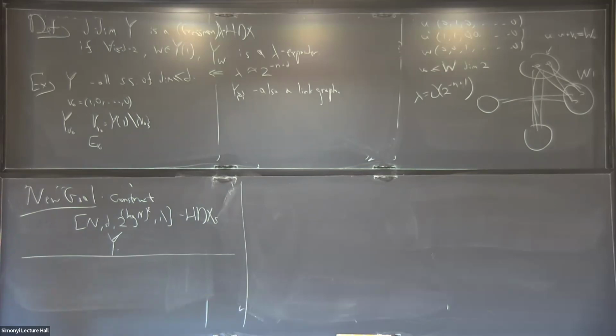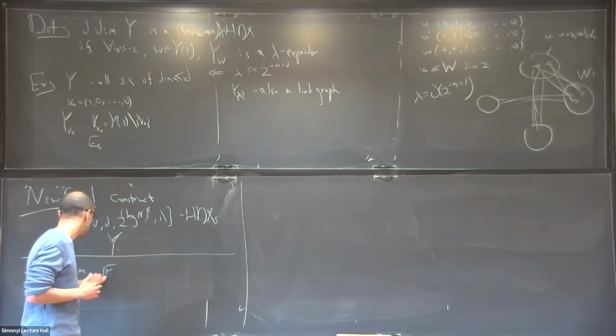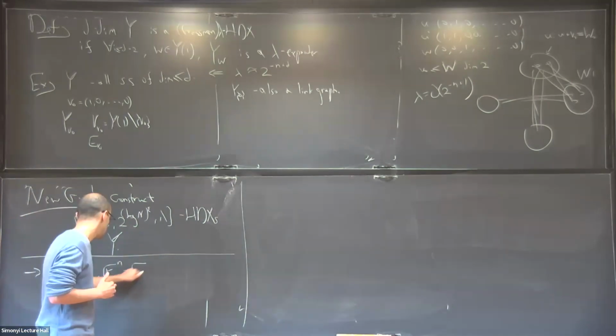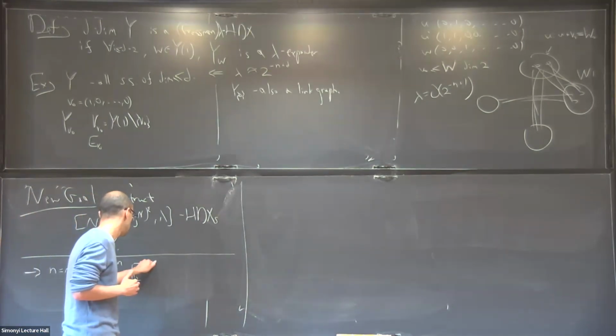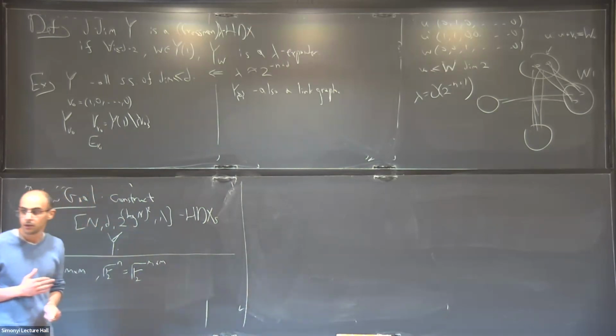And now let me tell you about Golovich's construction, because it is very simple. So here's Golovich's idea. Let's look at n, and let's assume that it is a square, so it's m times m. And now let's think of F2 to the n as matrices with side length m.